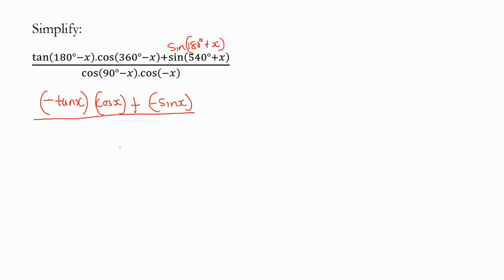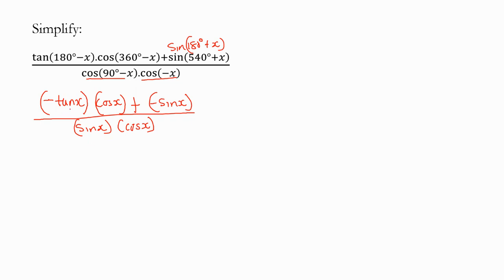We come to the denominator. Okay, complementary angles there. And this is sine x. This is sine x. Sine x. Right, and then negative angles, cos x is cos x. You see that? Okay, and then what do we do after that?